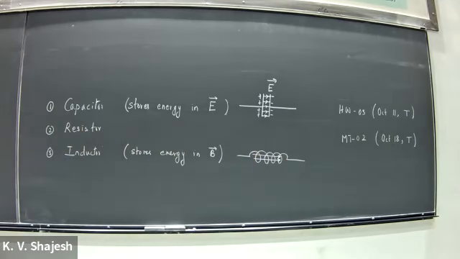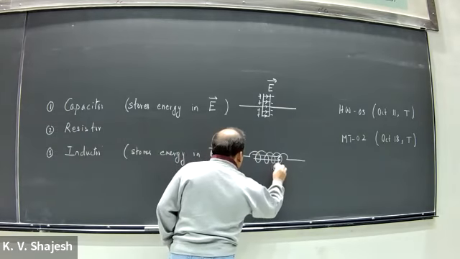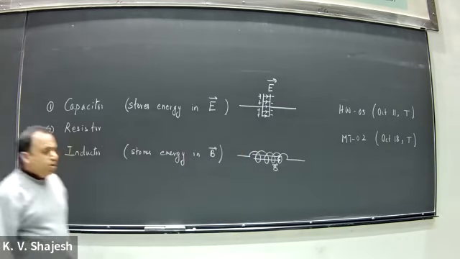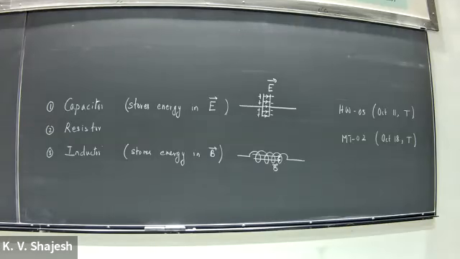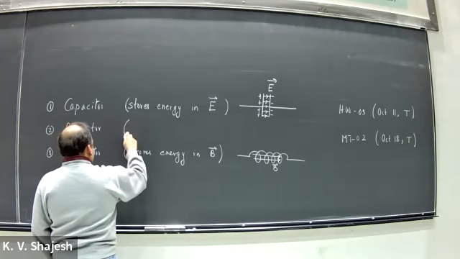Similarly, the electric field is stored inside the capacitor, in the space inside the capacitor, and this will be magnetic field. You'll see that later on in more detailed expressions, but now the only thing we need to know is that a capacitor stores energy in the form of electric field, an inductor stores energy in the form of magnetic field, and a resistor dissipates energy.